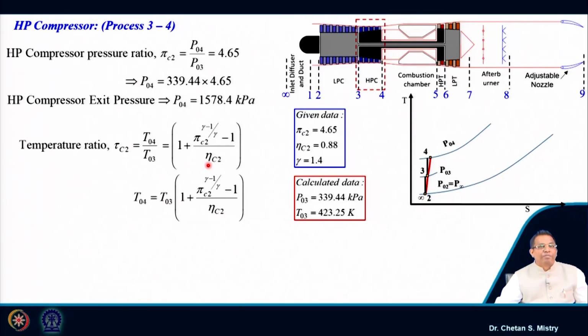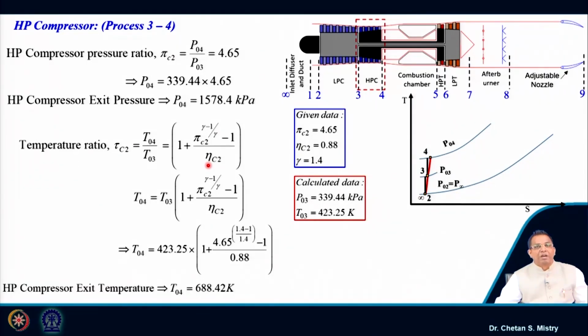If we put these numbers in, my T04, the exit temperature from the HP compressor, comes as 688.42 Kelvin. So, we are able to calculate the pressure and temperature at the exit of the HP compressor.